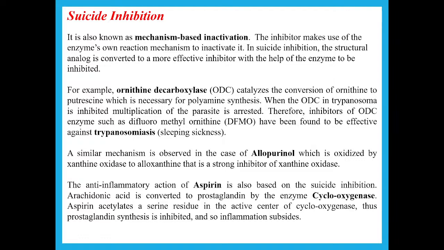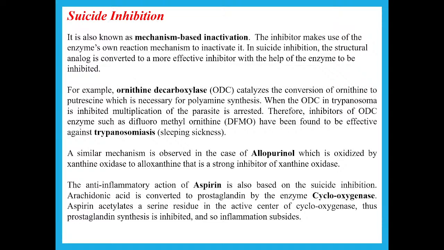But if it is changed, as written at the top: the inhibitor makes the enzyme's own reaction inactive, and the structural analog is converted to a more effective inhibitor with the help of the enzyme to be inhibited. That line is the main key to all these examples: more effective inhibitor. So if it does not make a more effective inhibitor, then it comes under competitive.